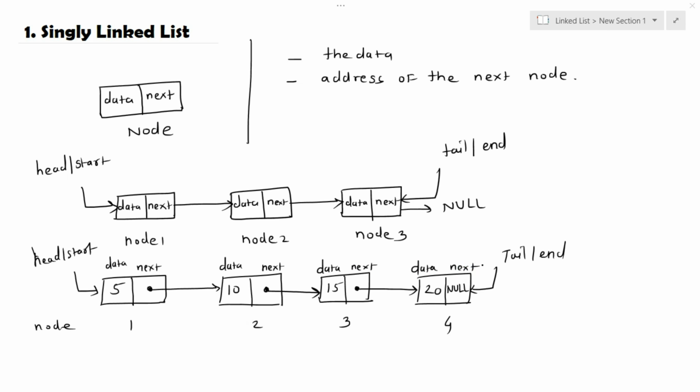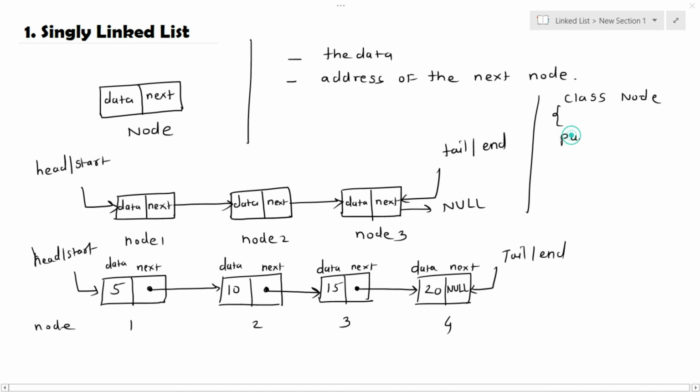Now if we want to write this as an example program, we have to create one node. For example, you can use a class or structure. So here, class Node, opening curly bracket, then use the access modifier public, and then the node contains two partitions or two buckets.